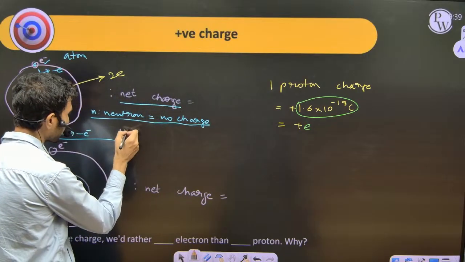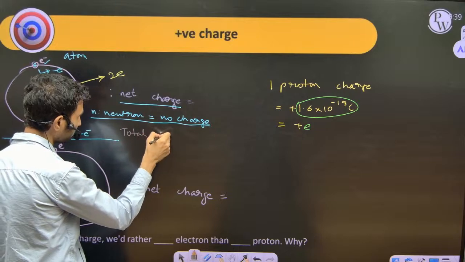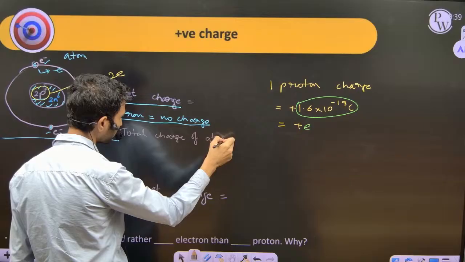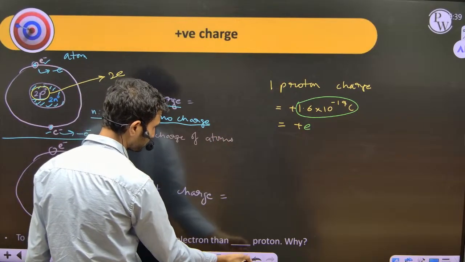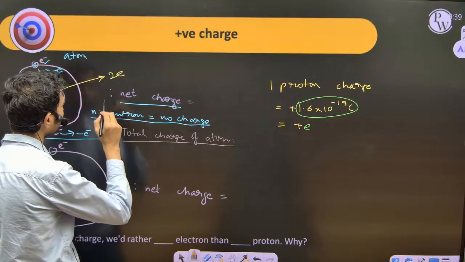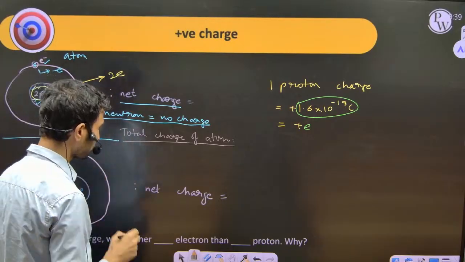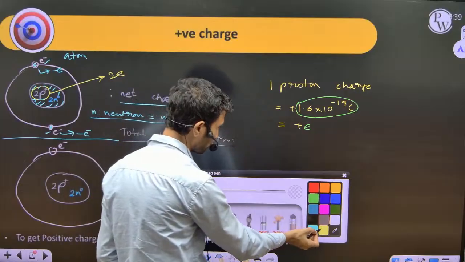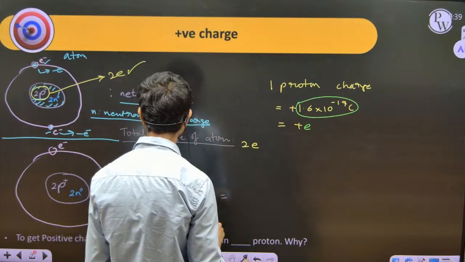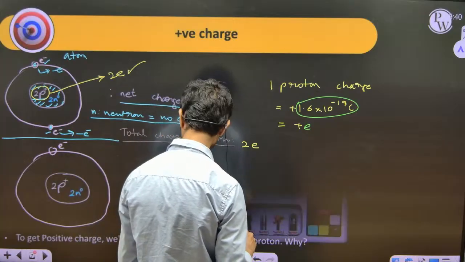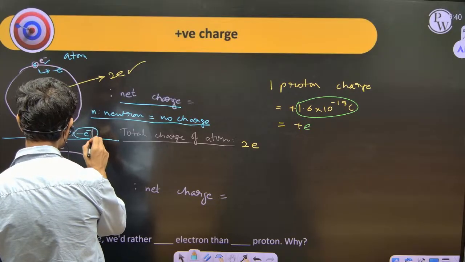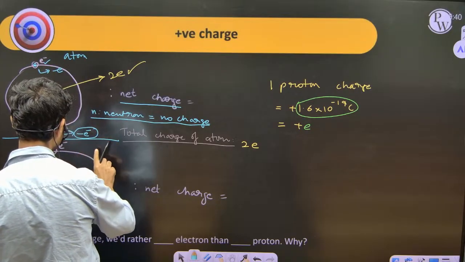So let's talk about total charge. What is the total charge of the atom? Because of the protons, it will be 2e. Agree? Because of the electrons, how much will it be?